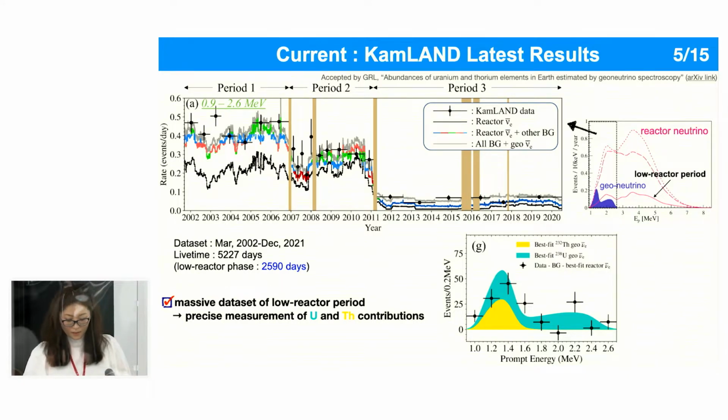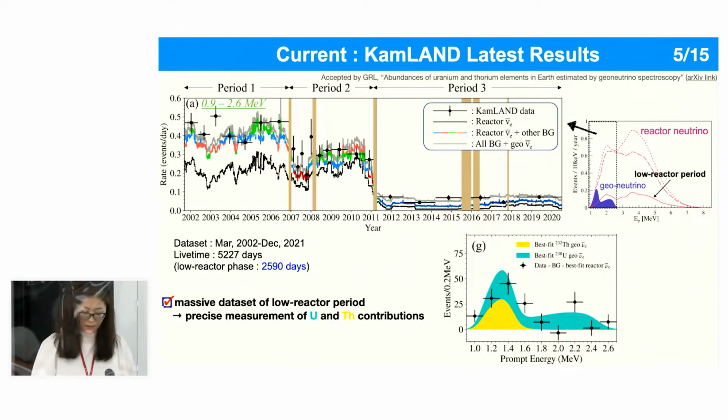Because as you can see here, the geoneutrino energy region is very low, below 3 MeV, and it is the same as the reactor neutrino because both are antineutrinos. We cannot separate them. So the geoneutrino energy is 100% covered by the reactor neutrino. If the reactor flux decreases like that, we can clearly see the geoneutrino contribution. We used the entire data, almost half of which is after 2011.